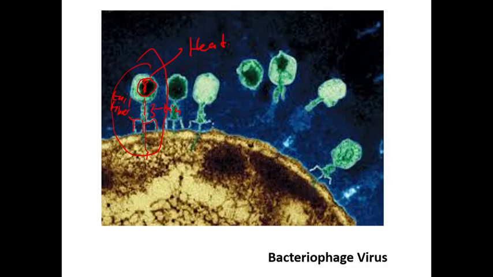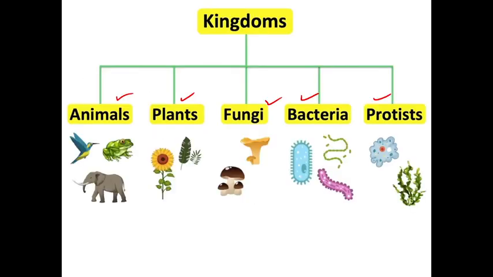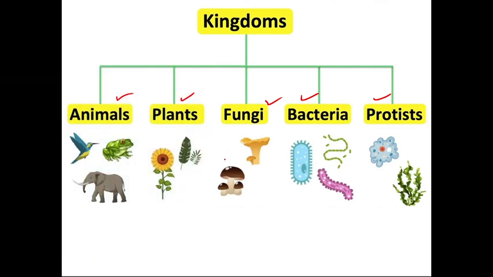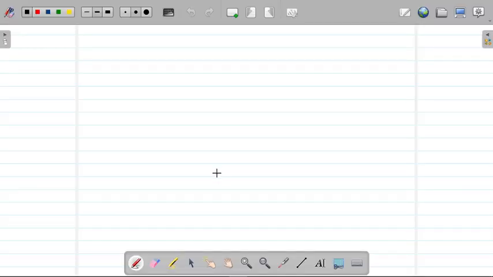Good. Before we go to other microorganisms, I want to quickly draw a bacteriophage. A bacteriophage is basically a virus. So that's a model virus that they draw. So this is what you should draw in your book. A bacteriophage.